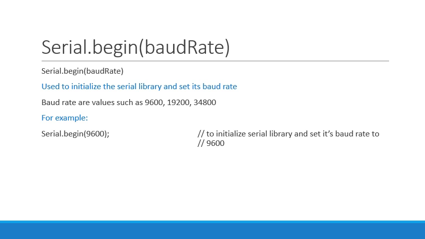For example, you can type it like this: Serial.begin(9600). That will set the baud rate to 9600. This is really serial communication, which is a more advanced concept, but we'll just be treating the basics today.